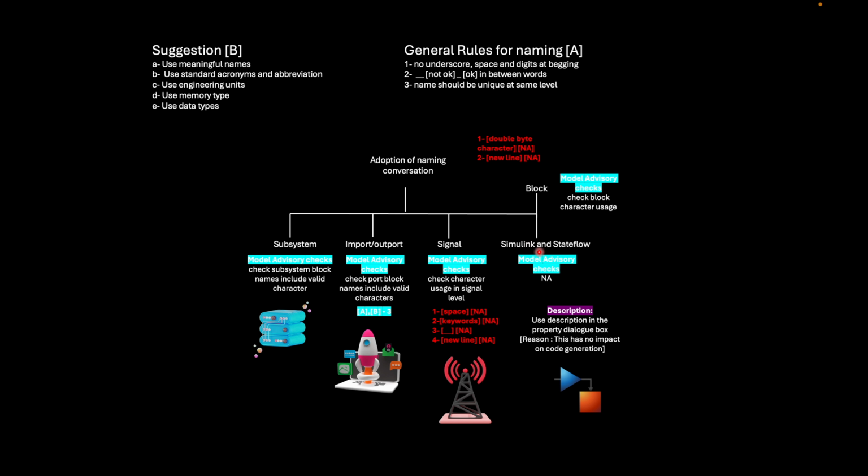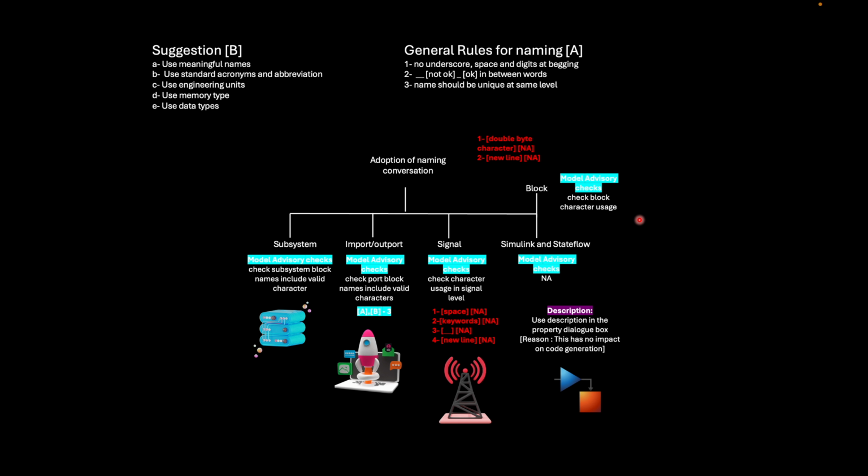Simulink and Stateflow. Along with that, we also have block related naming, like if you have any user defined or Simulink block, then you will have this block related naming convention. For this, you have a model advisory check called model check block characters uses.